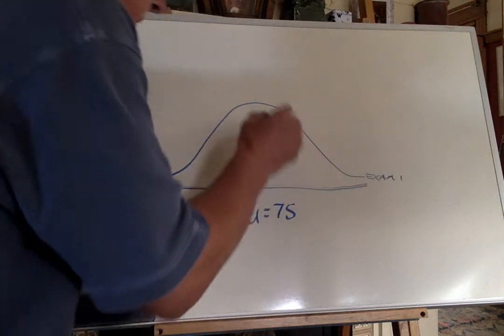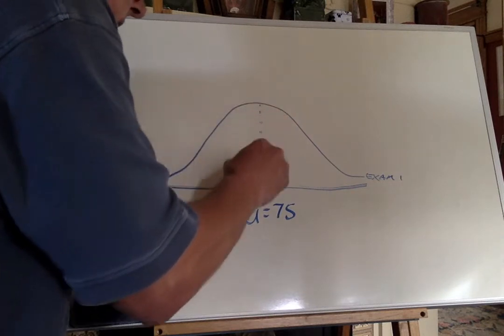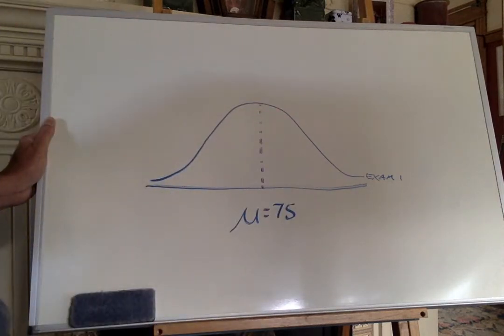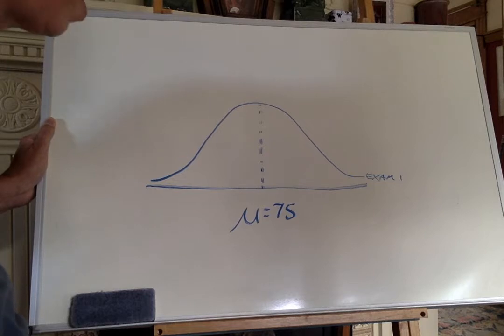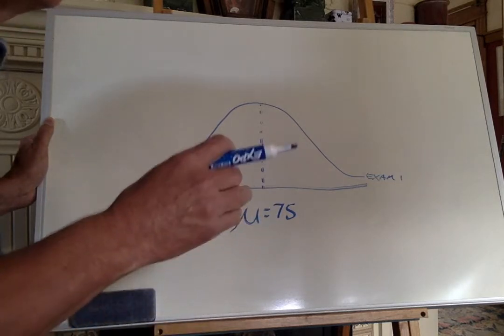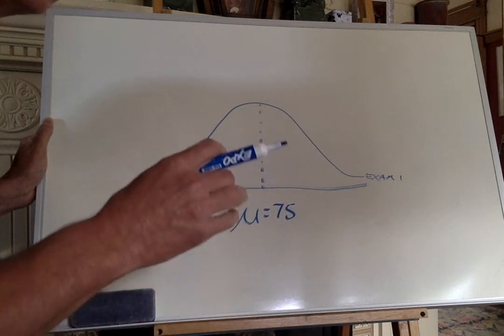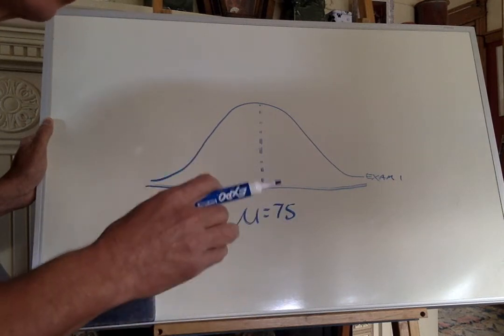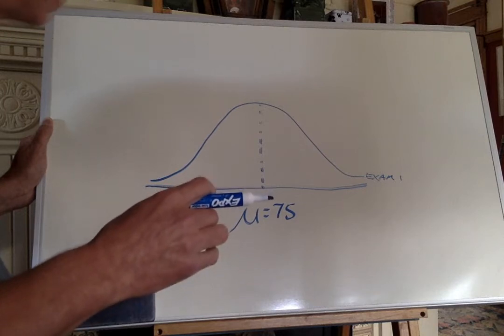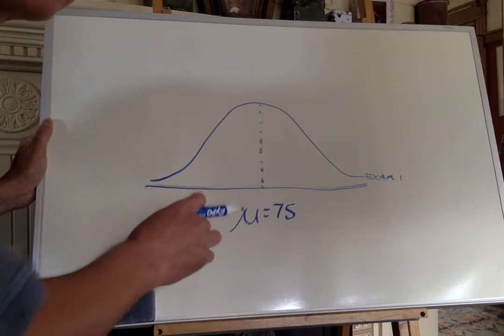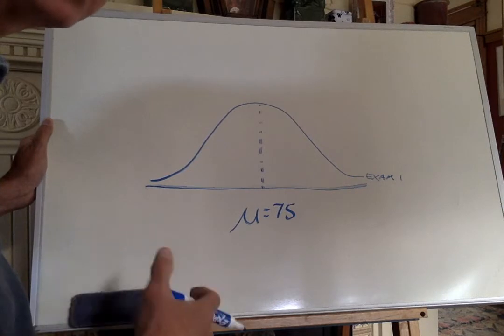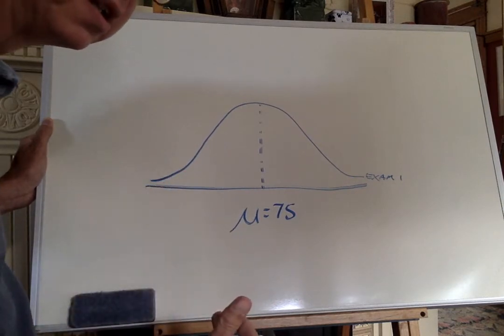Okay, so it has a mean of 75 and a standard deviation of 10. Relative to this curve, then, consider another distribution that's normally distributed that has a mean of 75, but now a standard deviation of 3.